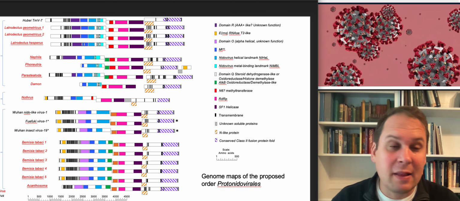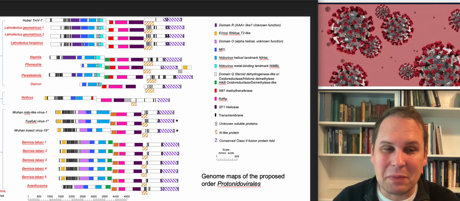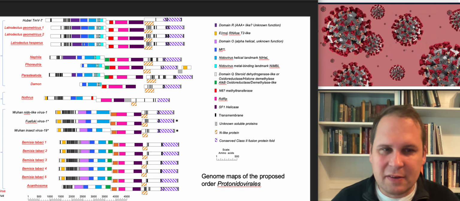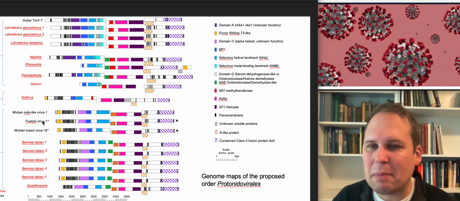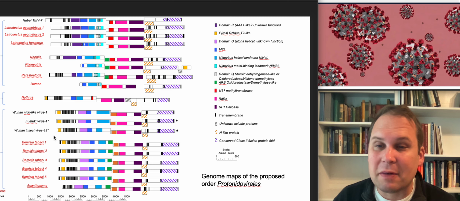If you look beyond that, there is pretty much nothing else that these things have in common with coronaviruses, but they are the closest non-coronavirus group to coronaviruses. A couple of these are published, all the ones in black. You can go and look up their genomes and play around with them.